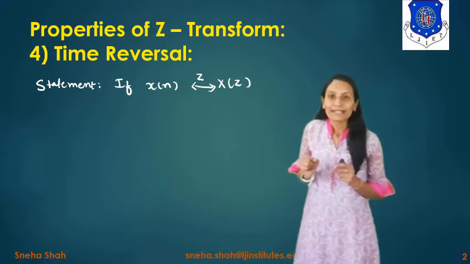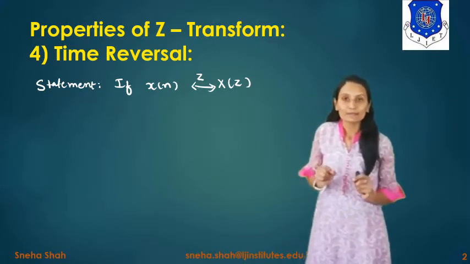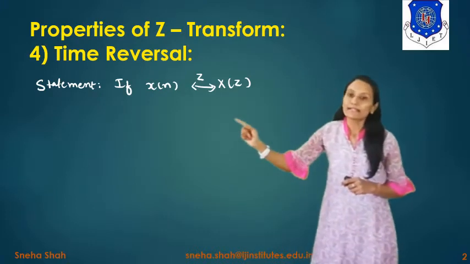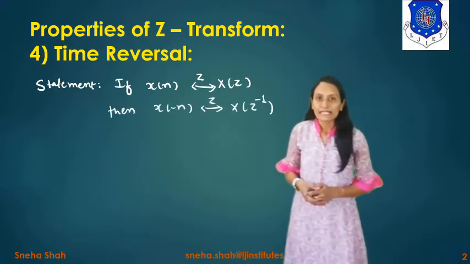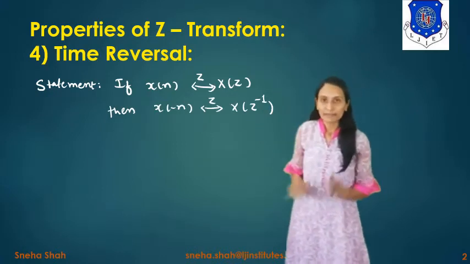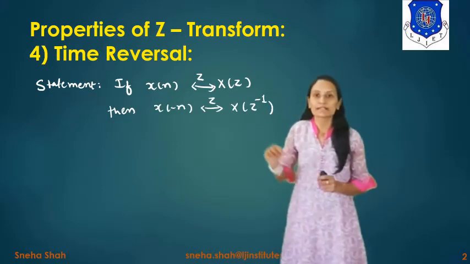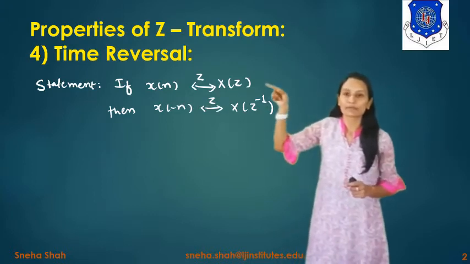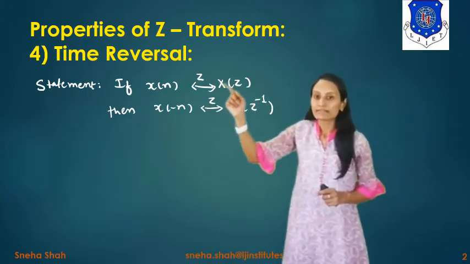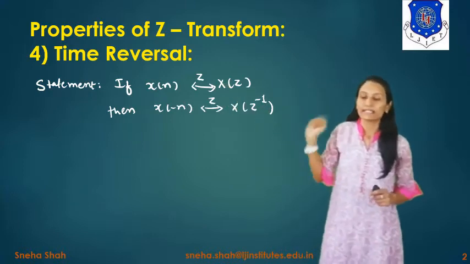So what will be the z transform of this? The z transform of x of minus n is x of z inverse. It means if we take the input sequence x of n, then its z transform is x of z. Then if we do the time reversal, instead of z we have to take z inverse.